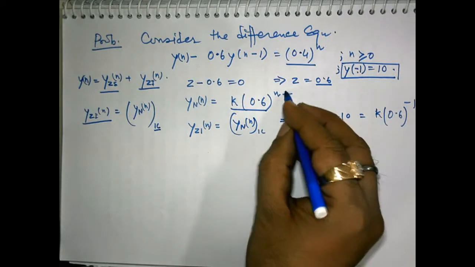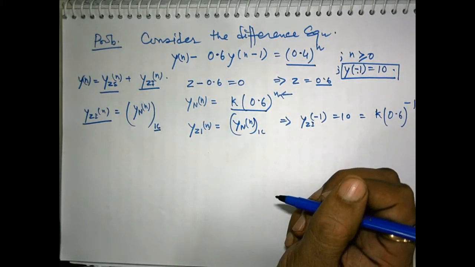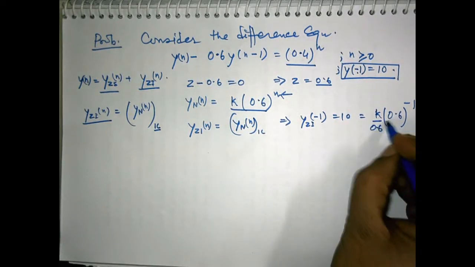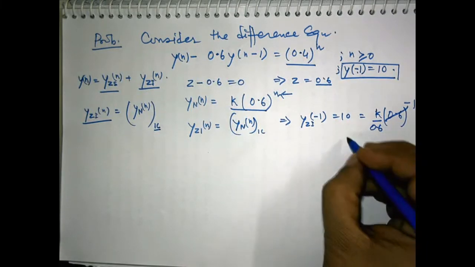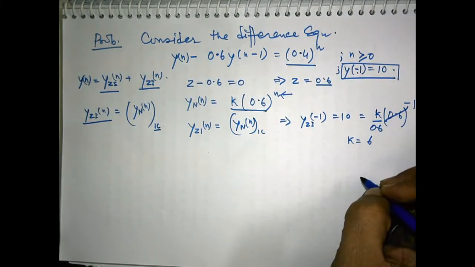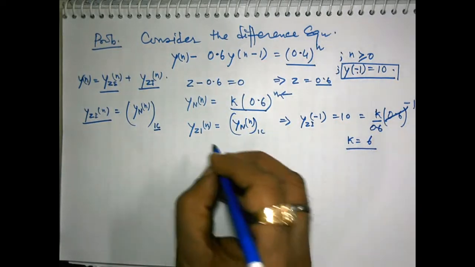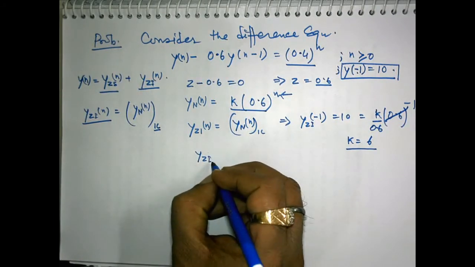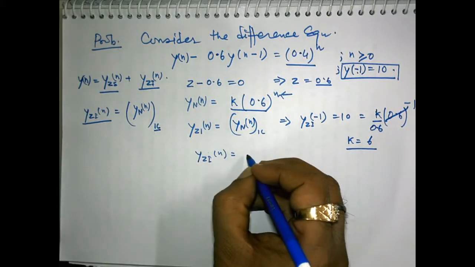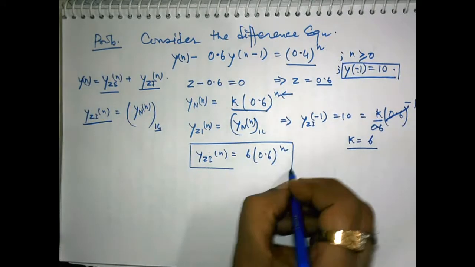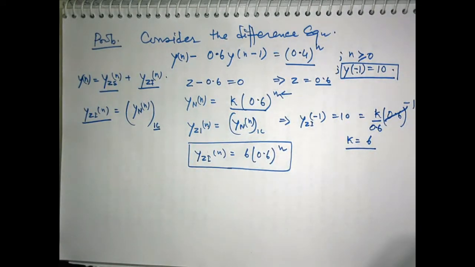At the place of n we substitute minus 1. So naturally this will be k over 0.6 equals 10. So k becomes equal to 6. Got the point? So your y zi n is equal to 6 times 0.6 to the power n. This is our y zi n.